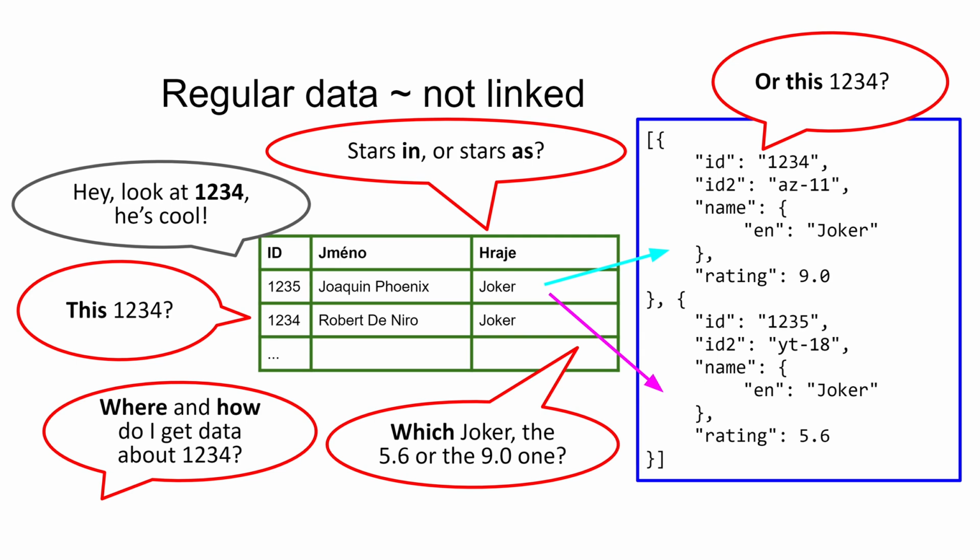Imagine that you should go to see a movie with rating 5.6 at the cinema. You wouldn't be too happy about that, I guess. Okay, so these are all problems that are already there in the regular non-linked data, and all people working with data have to deal with those kinds of problems on a daily basis.